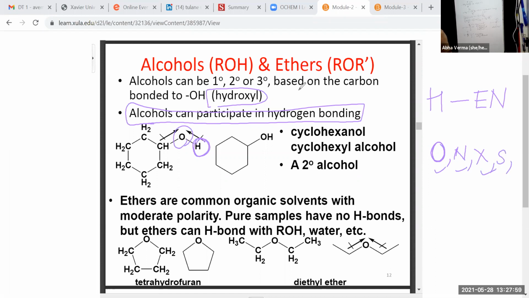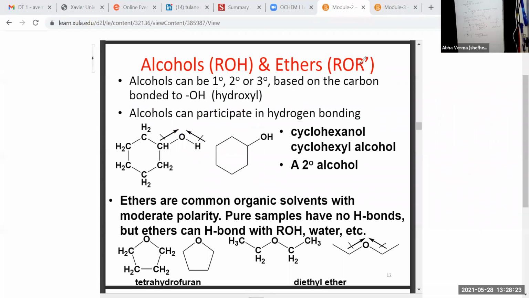Whoever are your electronegative elements, and there is a hydrogen next to them, this hydrogen will become a hydrogen donor. This hydrogen will be able to do hydrogen bonding. And so because oxygen is a super electronegative element, the hydrogen next to it will be able to do hydrogen bonding.